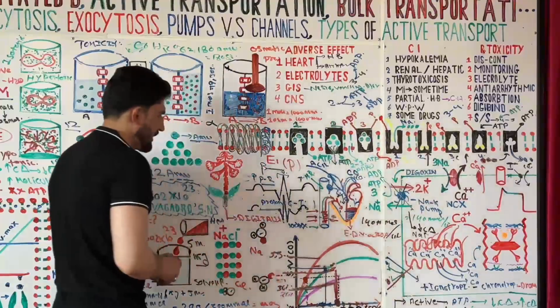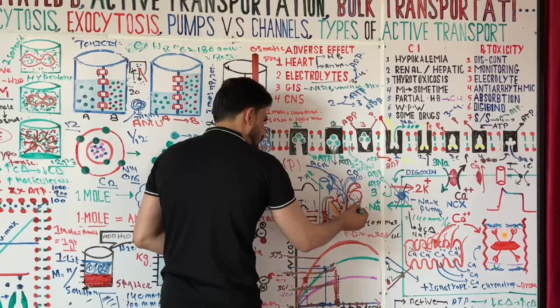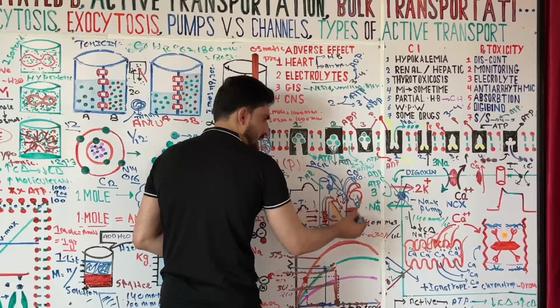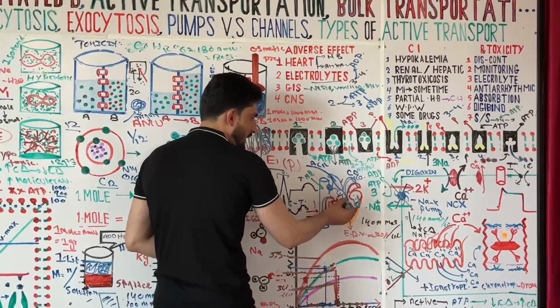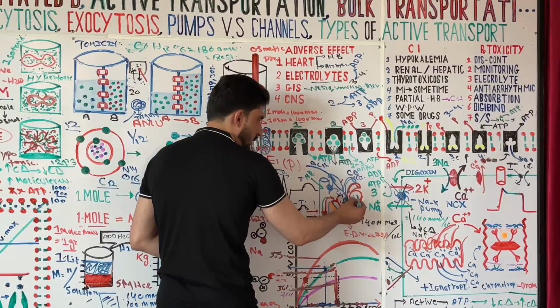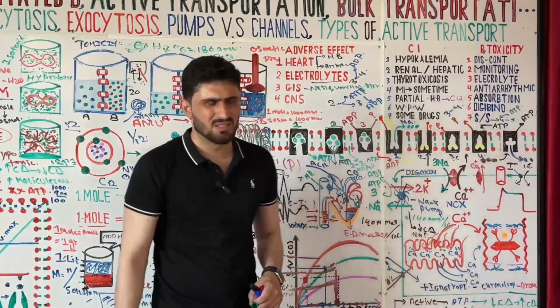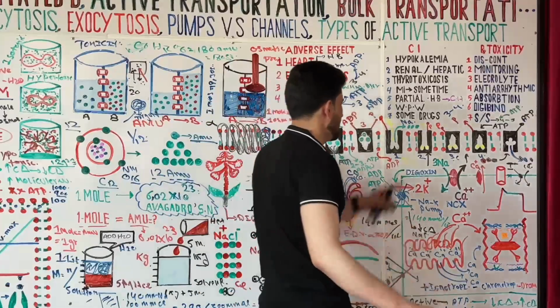Why? Because in Wolff-Parkinson-White syndrome we have an accessory pathway, and when you block the AV node, the accessory pathway activity increases and causes ventricular arrhythmia. So don't give it in this condition.